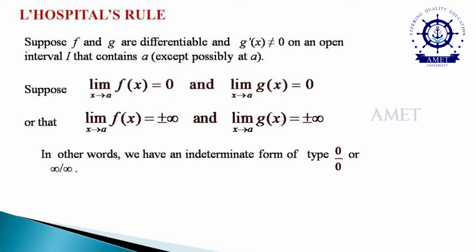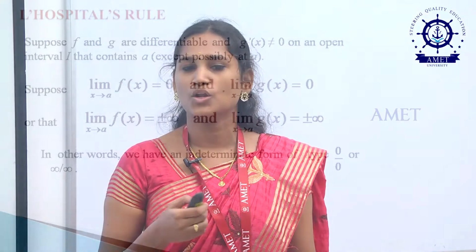So the L'Hospital rule is: after identifying which type of indeterminate form it is, 0 by 0 or infinity by infinity, you differentiate the numerator separately and the denominator separately.